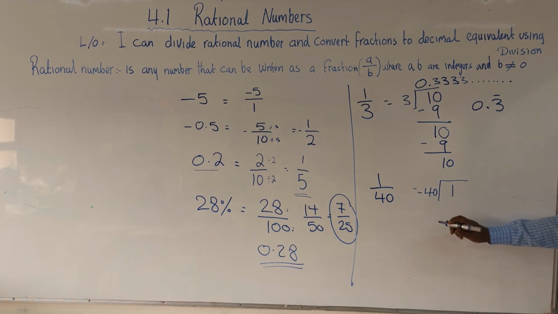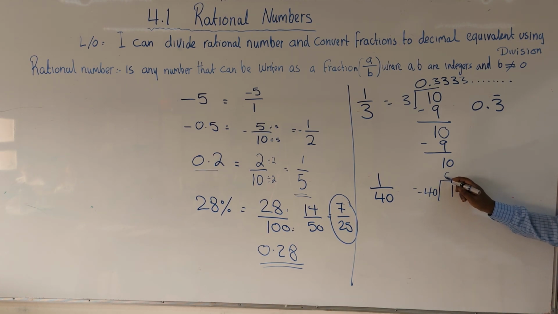Good. So you ask yourself, how many 40s are in 1? 0. So you put 0 here, and then we put 0 there, and then we put the decimal. Again, you say, how many 40s are in 10? 0. So you put another 0 there. And when we put 0 there, we put another 0 here. Are you following this?